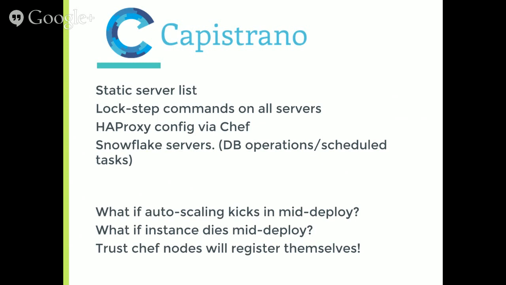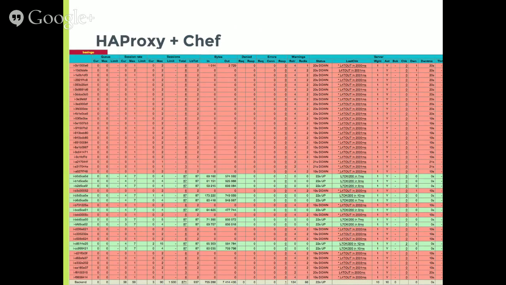And because we were using Chef to configure HAProxy, we would have to trust our instances that every time they spin up, they would register themselves to Chef and unregister from Chef when they go up and down. And again, it happens that the deregistration wasn't as optimal as we wanted.